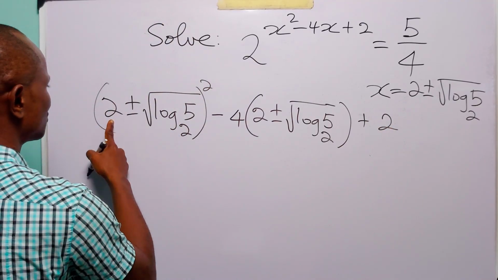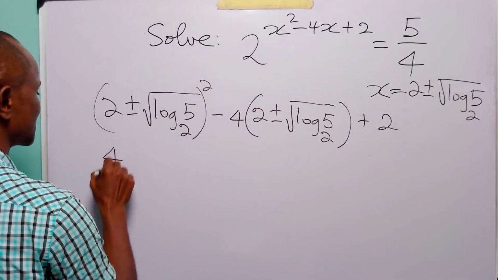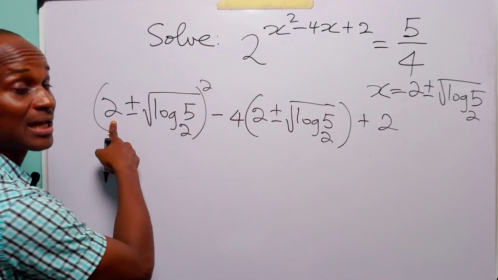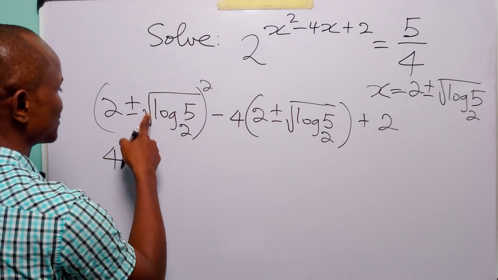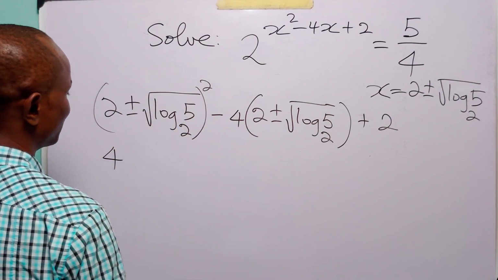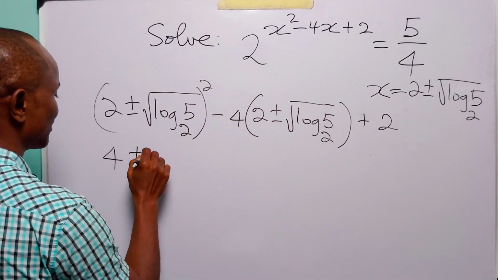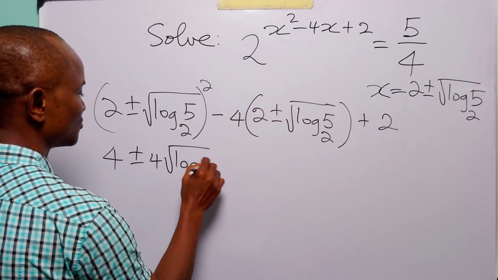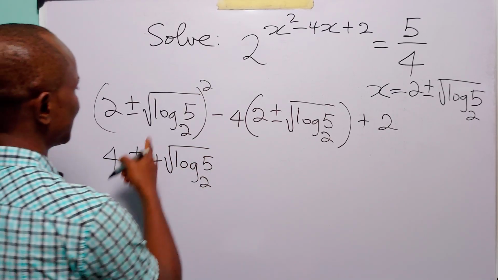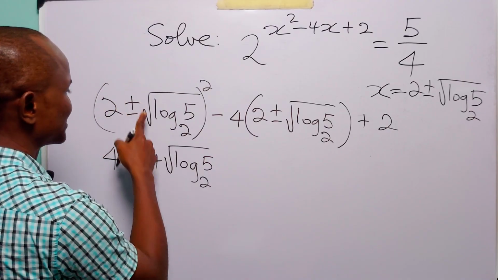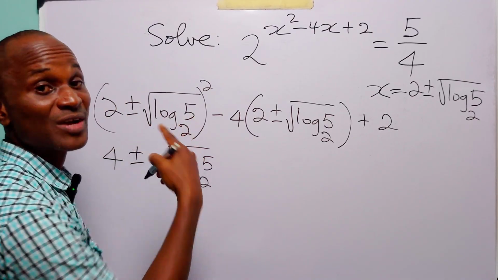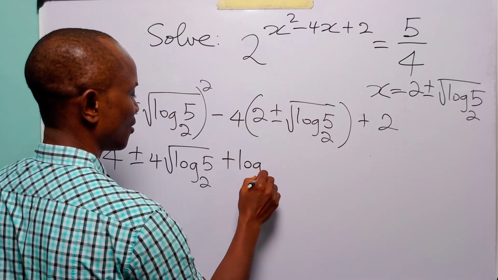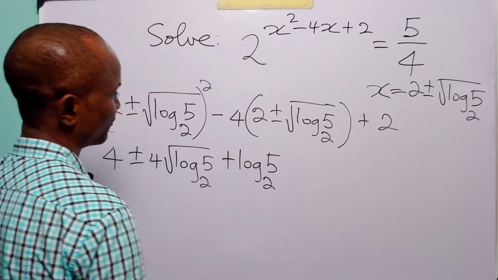Opening this bracket, we have 2 squared, which of course is equal to 4. And we have 2 times 2 times plus or minus the square root of log to base 2 of 5. That is plus or minus 4 times the square root of log to base 2 of 5. And then we have plus or minus the square root of log to base 2 of 5 squared, and that is going to be equal to plus log to base 2 of 5.